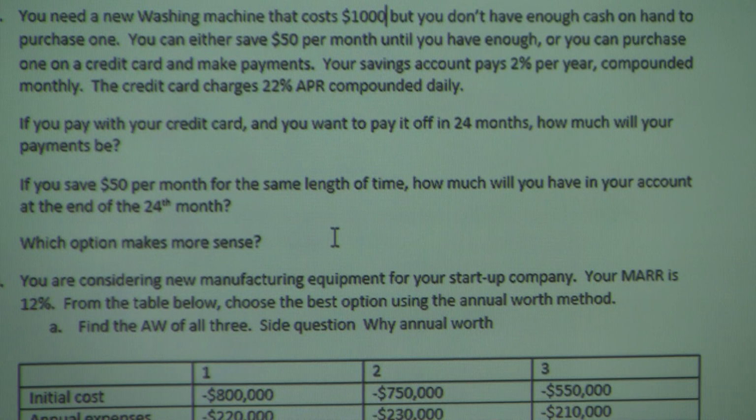So if you plug that into the formula, you would have 2% per year divided by 12 months, and then raised to, and it compounds every month, and we're looking for months. How many months are there in a month? One. Well done, sir. So you raise it to the 1.